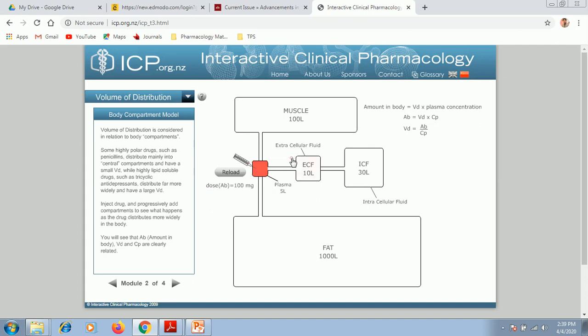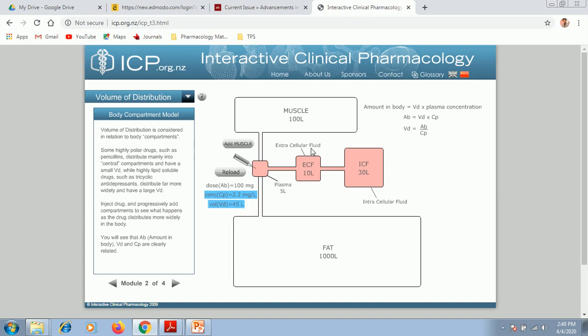But if the drug is distributed to ECF, you can see a drastic change in the concentration. Here it is 5 liters plus 10 liters, so the VD will be 15 liters. If the drug distributes itself into intracellular fluid, the total is, for example, 45 liters.